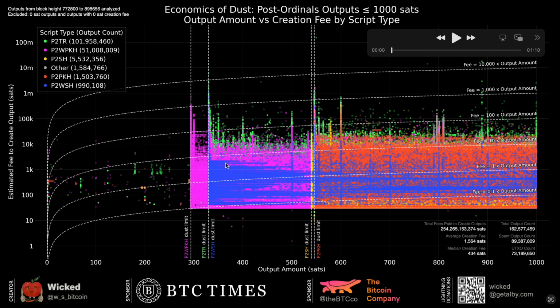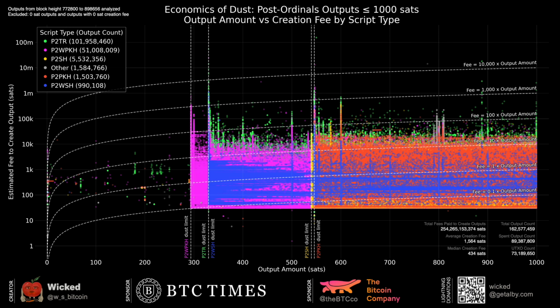Those are the dust limits, and we don't really need to talk about why they differ, but just know that they do differ depending on the script type. These are the minimum output values generally accepted by default relay policy.